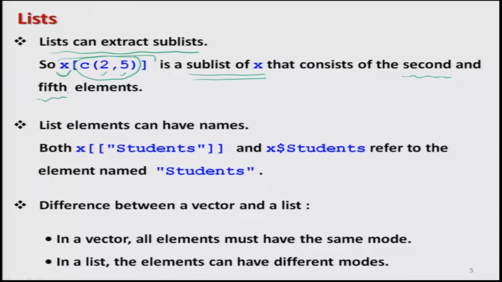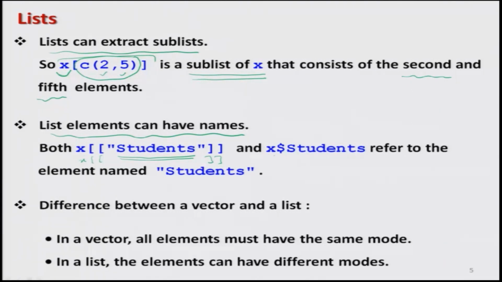Another advantage of using a list is that the elements of a list can also have names. For example, if I give a name here, students, then these names are enclosed by double quotes and they are enclosed in the double square bracket sign, followed by the name of the variable that is containing the list, and this will refer to the name students.